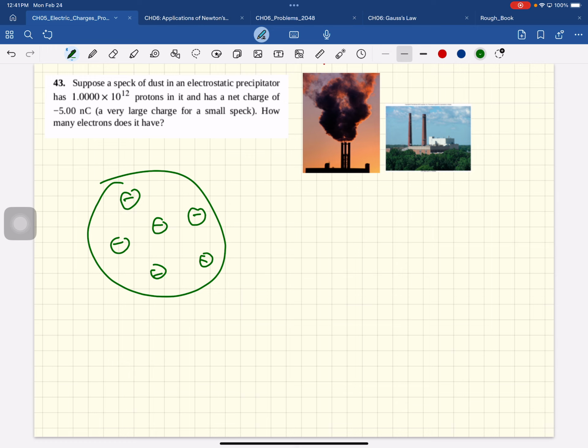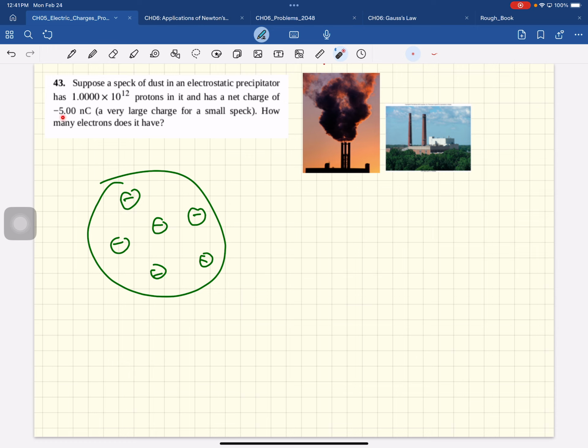What it's telling you is it has 10 to the 12 protons. So let's say it's made of carbon. Then that tells you how many carbon atoms this has. Each carbon atom has 6 protons, so you would divide that by 6 and you'd get the number of carbon atoms.